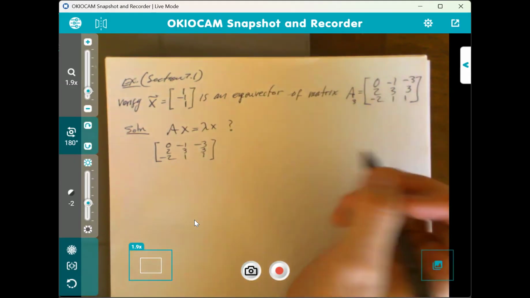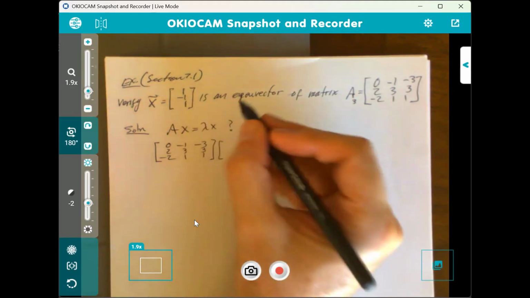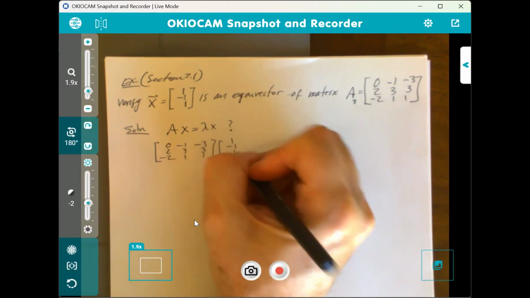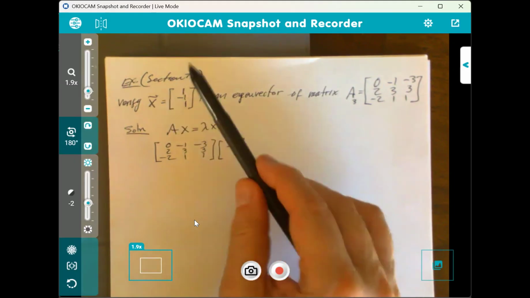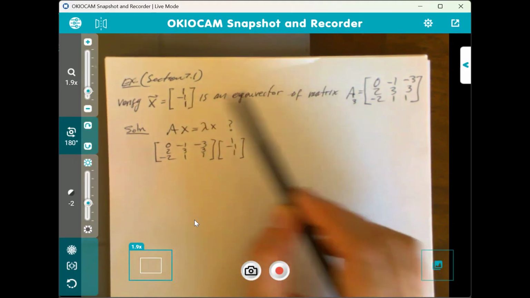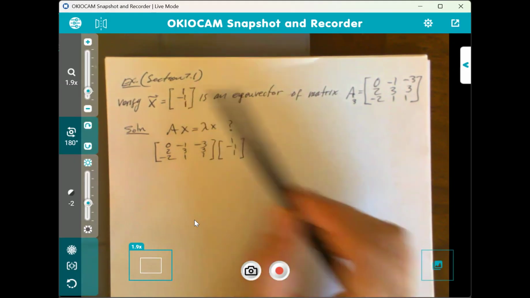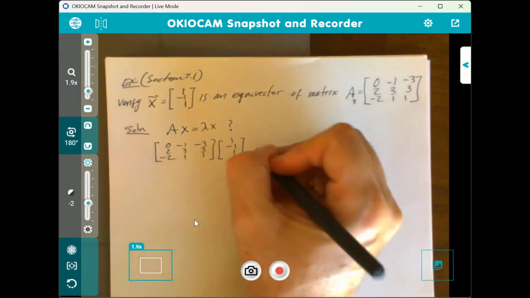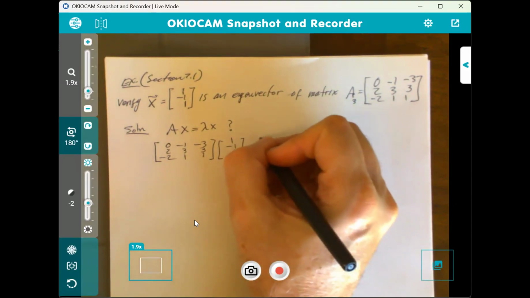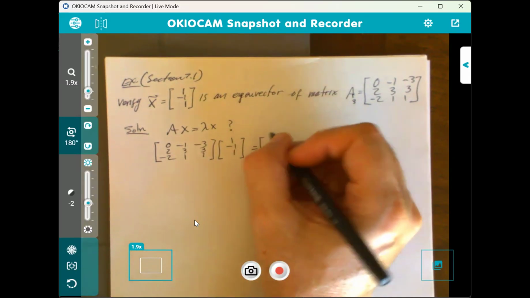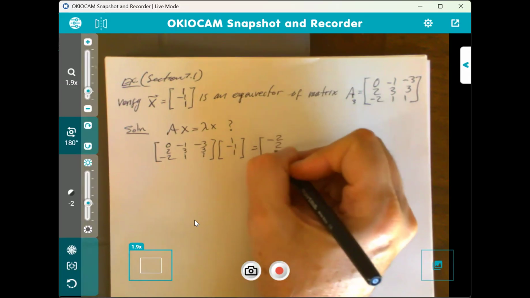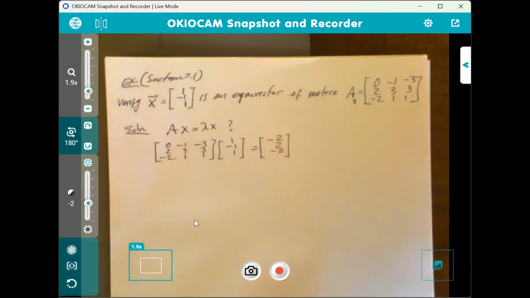If you multiply that by x, the column vector, and remember, x here is the matrix of variables, x1, x2, x3, the solution of a system. When you multiply this, that's easy to multiply. We're going to get -2, 2, -2. That's just A times x.